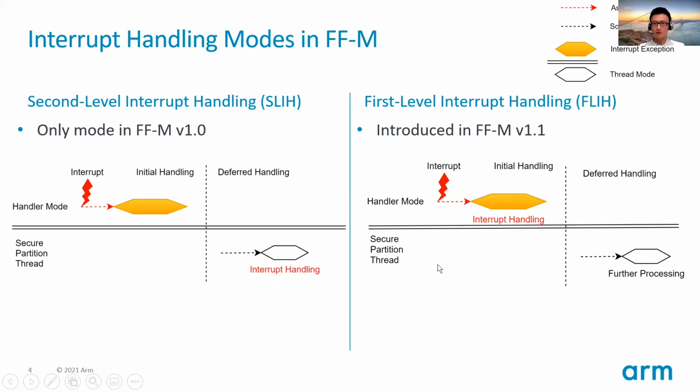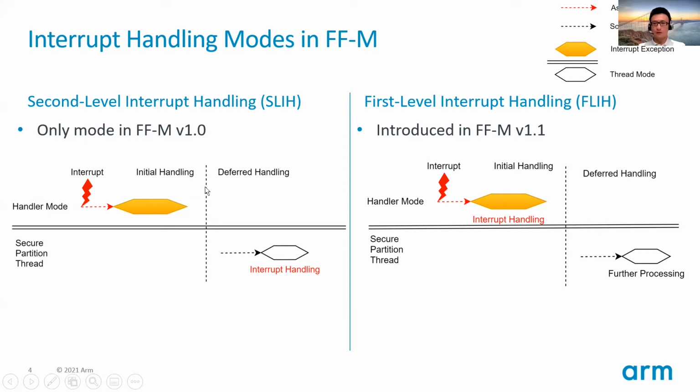Let's have a look at the interrupt handling part. The FF-M divides interrupt handling into two levels, like many other systems, so there are two handling modes correspondingly. The first one is the second level interrupt handling, and the other one is the first level interrupt handling.